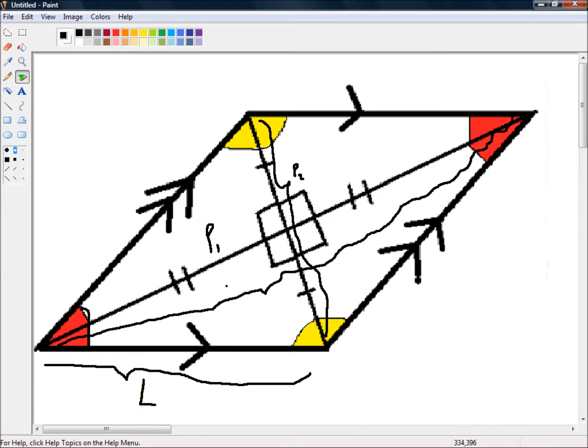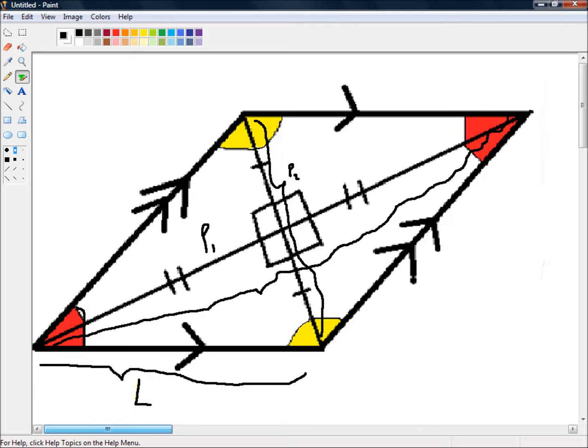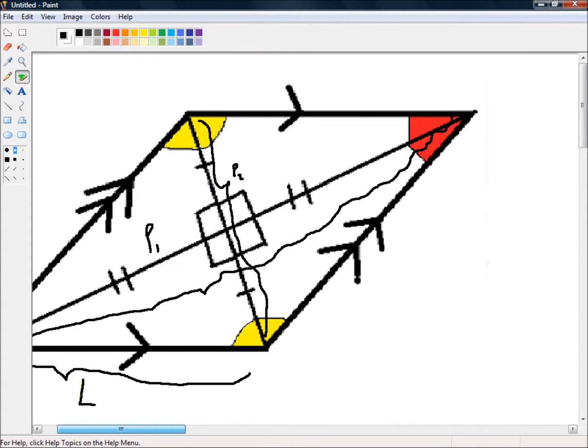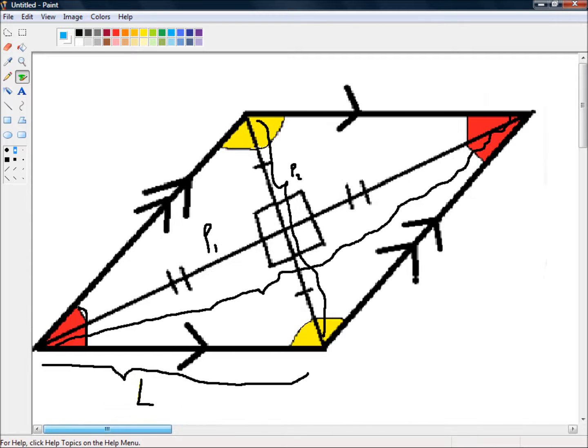Well, with a little head scratching you could probably work this out for yourself easily enough, but it's worth going to the trouble of explaining in case it does show up on your exam. If we look, I'm going to use another colour, I'm going to use blue. If we look at part of this shape here, I'm going to take this whole diagonal, even though I can't draw in a straight line.